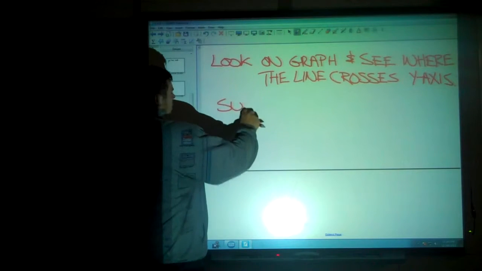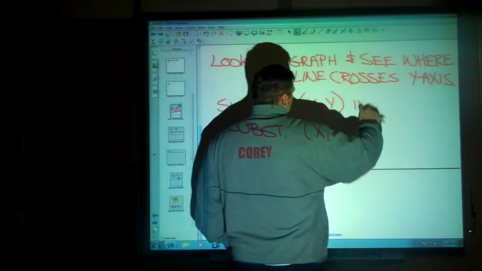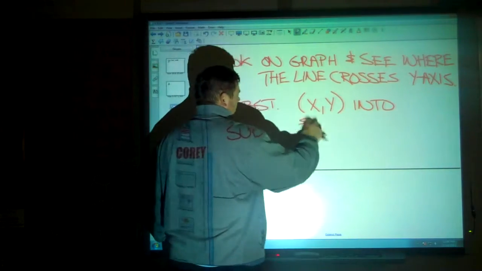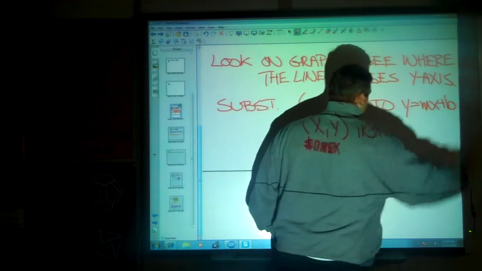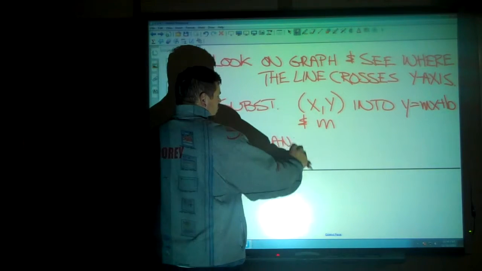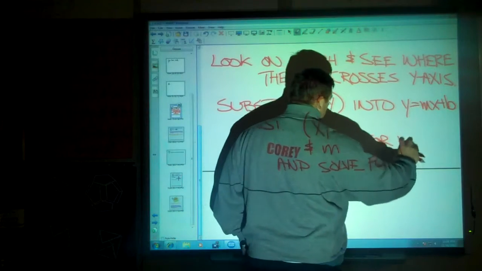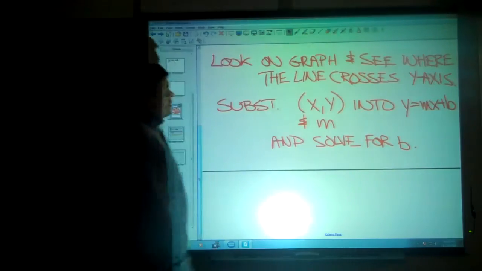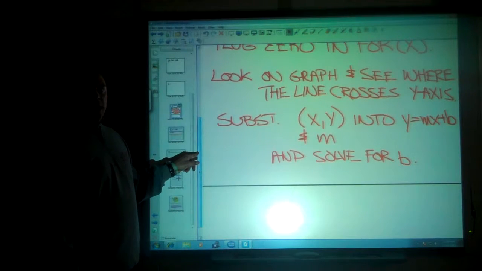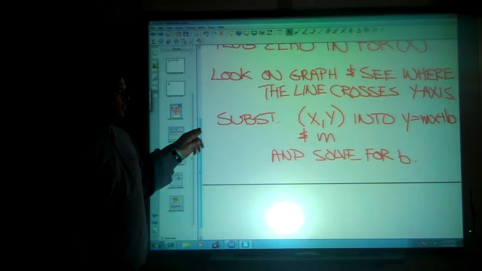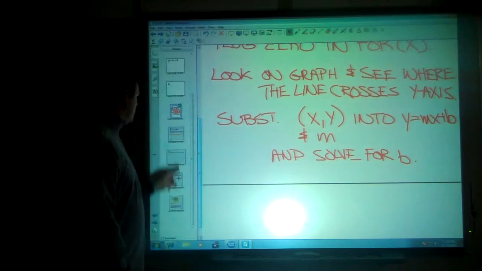We could substitute the coordinate x and y and m into y equals mx plus b and solve for b. So we have three methods. We can plug 0 in for x, if we have an equation that allows for that, we can look on a graph and see where it crosses the y-axis, or we could substitute in the coordinate that's given to us and the m.